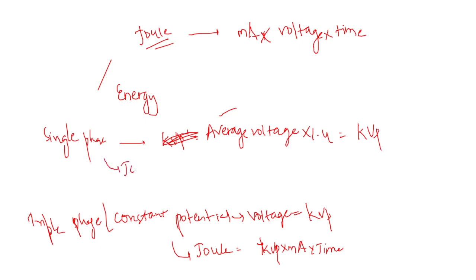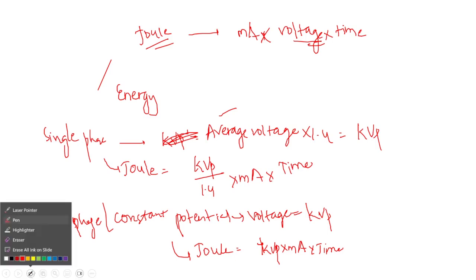So for single phase, joules is equal to, here we are using average voltage. So kVp divided by 1.4 into milliamperes, that is current, into time. So these are the two different things that you have to learn for joules and heat units.